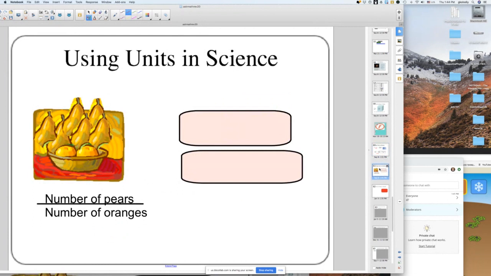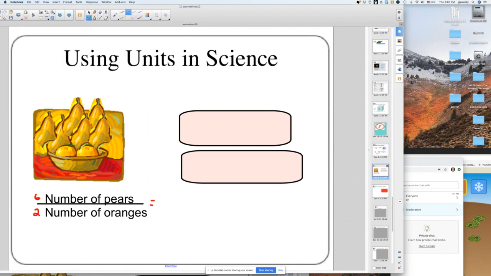Let's try that. So this basket here has pears and oranges in it. There are 6 pears and 2 oranges. If I take the number of pears and divide it by the number of oranges, what do I get? Do I get 3 grapes? No. Strawberries? No. What do I get?